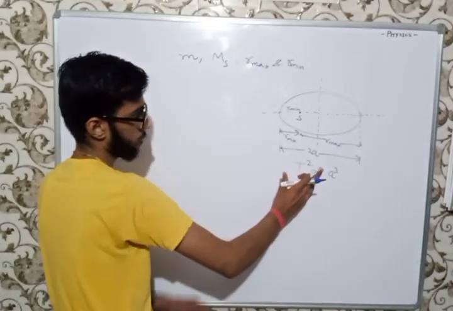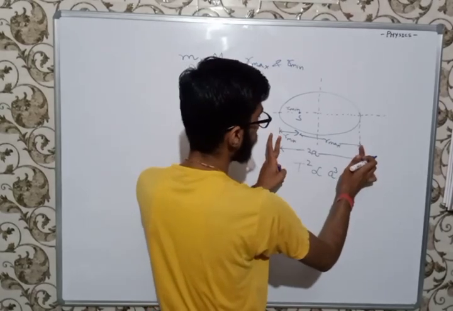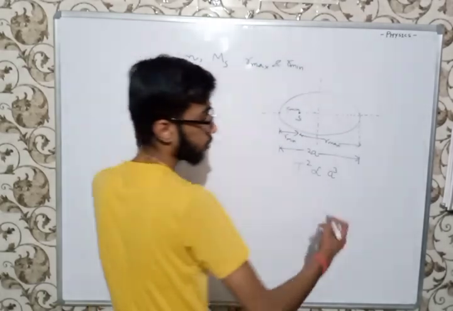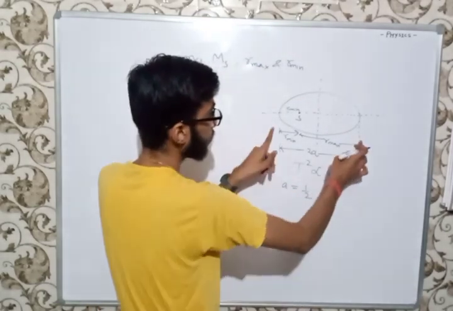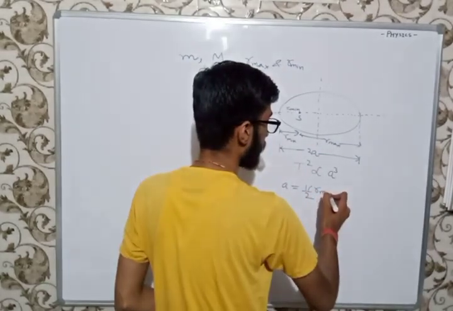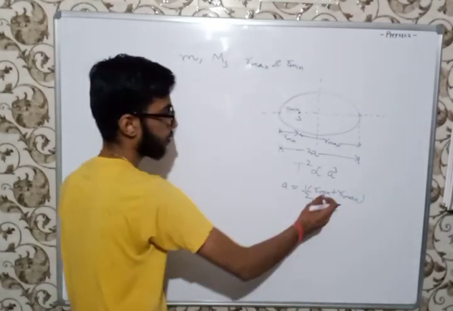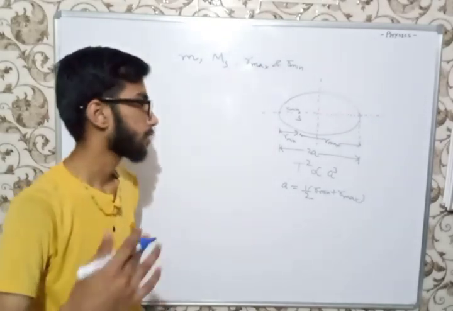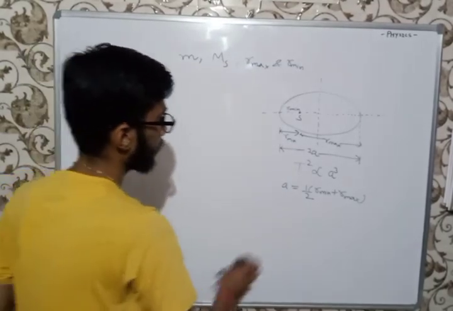You can see that r minimum plus r maximum is the length of the major axis. So a is half the length of the major axis, which is r minimum plus r maximum over 2, and by putting these values you can simply find the ratio of time periods if someone asks. Okay, it is not relevant to the problem, but I am telling it.